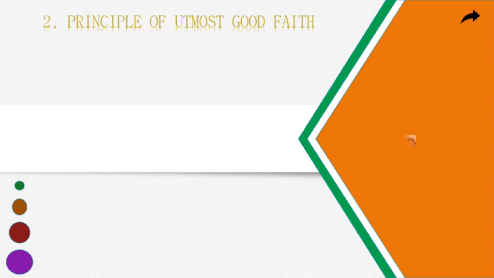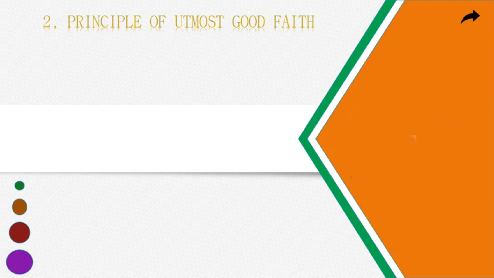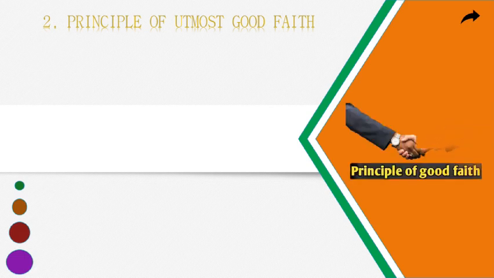Let us see the second important principle of insurance, that is the principle of utmost good faith. According to this principle, the contract between insured and insurer must be in utmost good faith conditions or good faith environment.